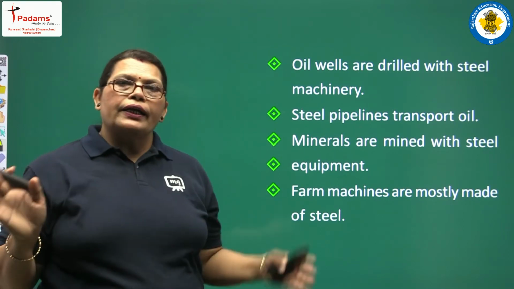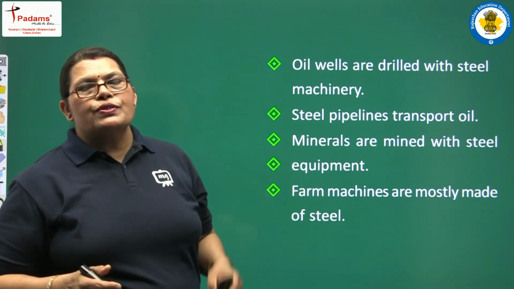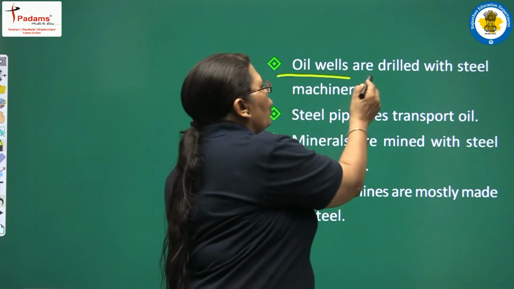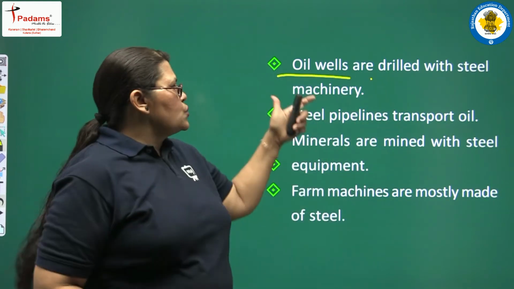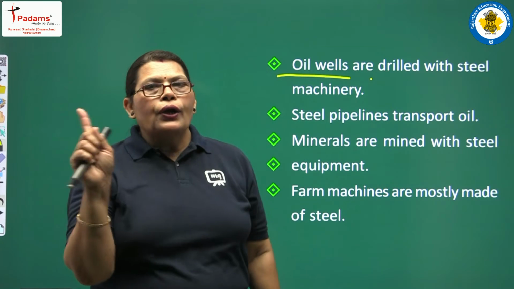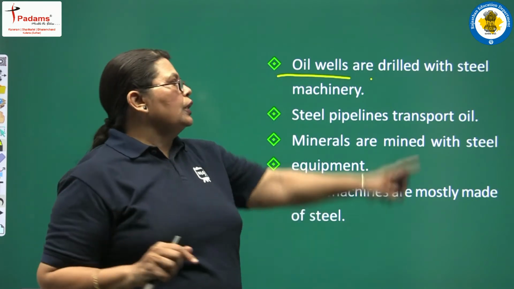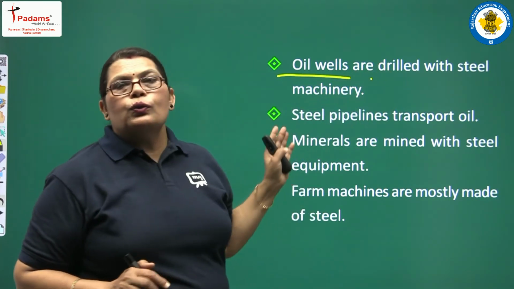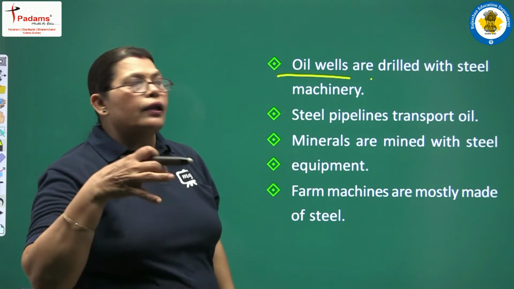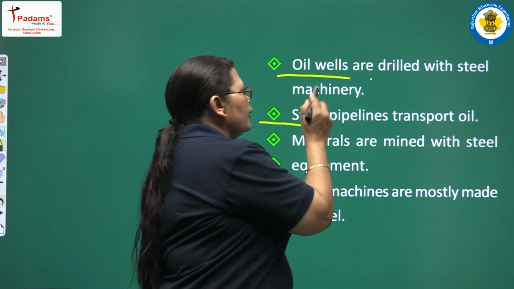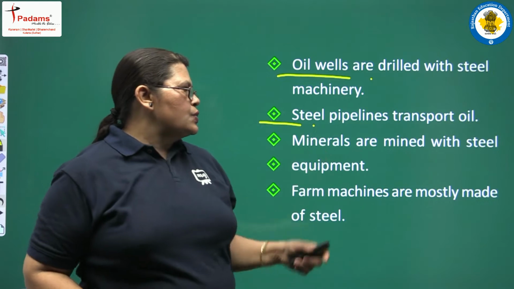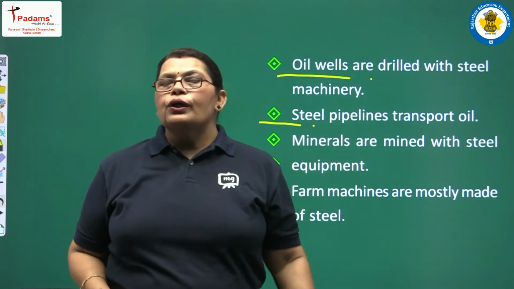See, when we are taking other examples of the steel industry, oil wells are drilled with steel machineries, not iron machineries. Steel machineries are used for the purpose of oil well digging. Next, steel pipelines transport oil.